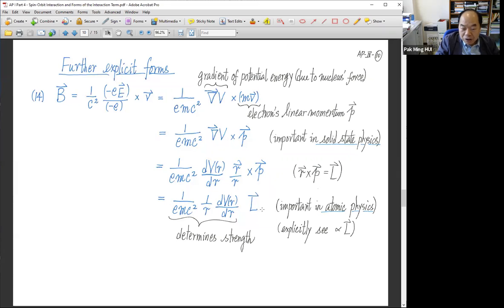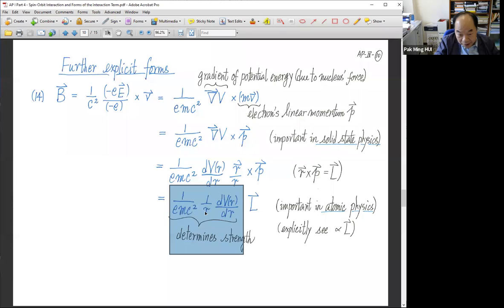After a few pages, we succeeded in finding the prefactor. We argued that the B internal is proportional to L, but now we have this chunk of things in front, okay?